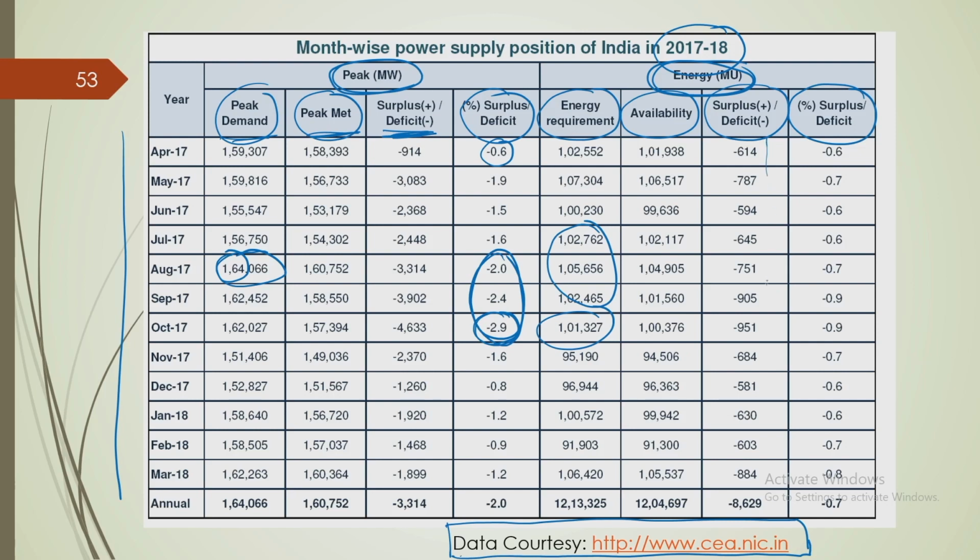Almost every month we have a deficit of energy, and in percentage it typically lies between 0.6 and 0.9%, which is not much higher, but it is in the order of minus 614 to minus 905 or 951 million units of shortage in meeting this energy demand.